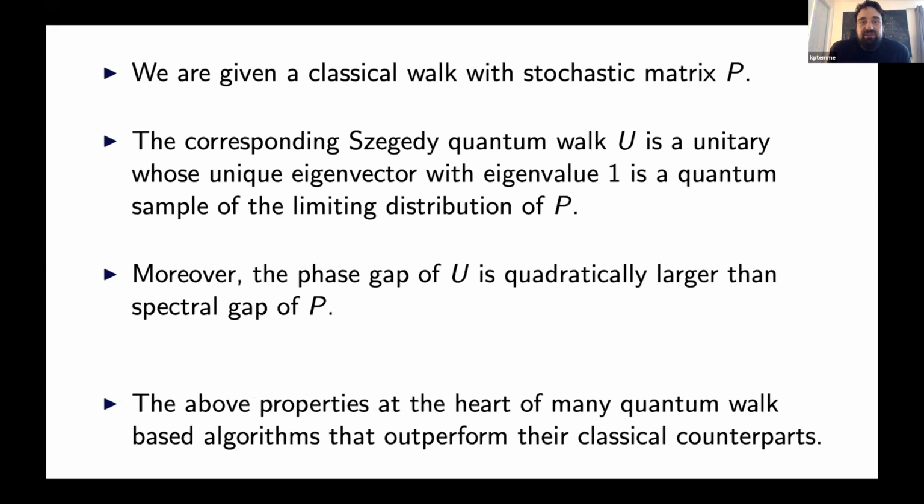You're given a classical walk with a stochastic matrix, and what you're looking for is a unitary quantum walk, meaning a unitary that is somehow related to that stochastic walk, which has the property that one of the eigenvectors of the unitary is the purification of the fixed point of your classical random walk. I'll go through these things in more detail in a bit. That should be the one with phase 0, or eigenvalue 1, of the unitary.